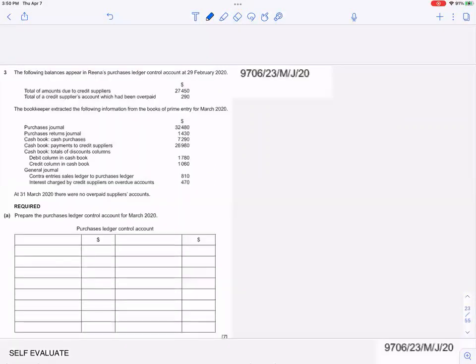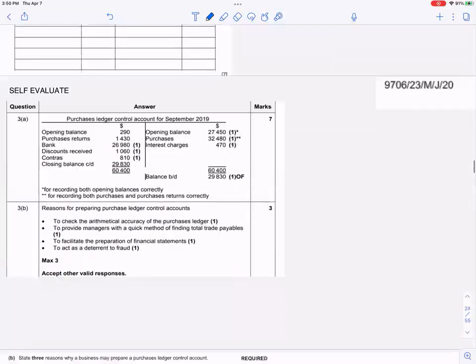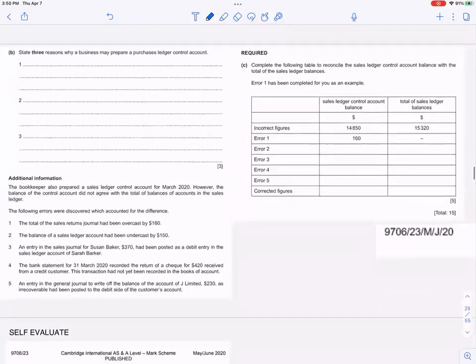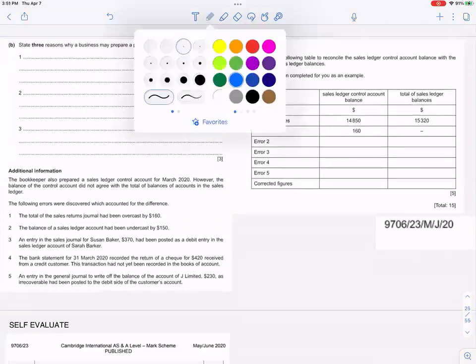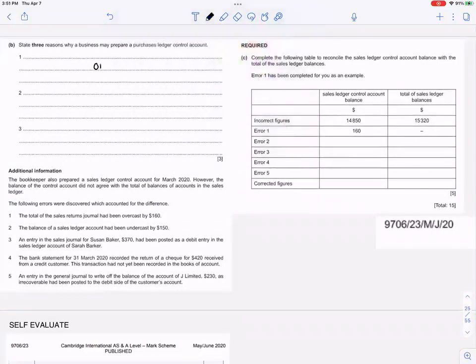Okay, now we are doing the errors part. Always remember, omitted and journal will normally come where? Omitted will come in both places: in the sales ledger and also in the sales ledger control account.